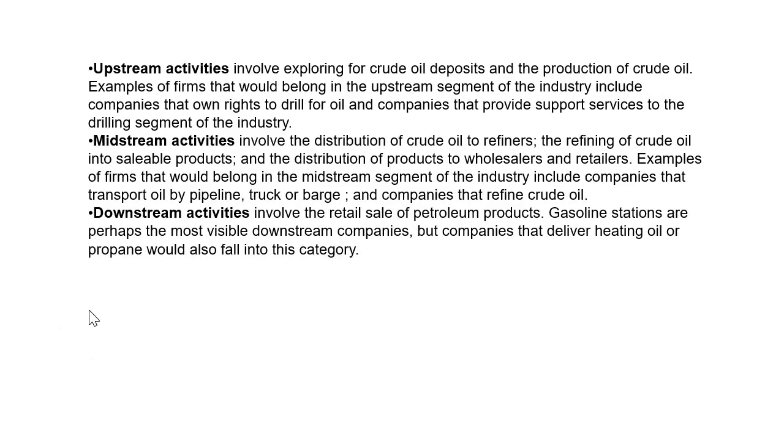Gasoline stations are perhaps the most visible downstream companies, but companies that deliver heating oil or propane would also fall into this category. That is, after it has been distributed to the wholesalers, the wholesalers will sell it to the retailers, and the retailers will send it to the gasoline stations, that is the petrol pumps.